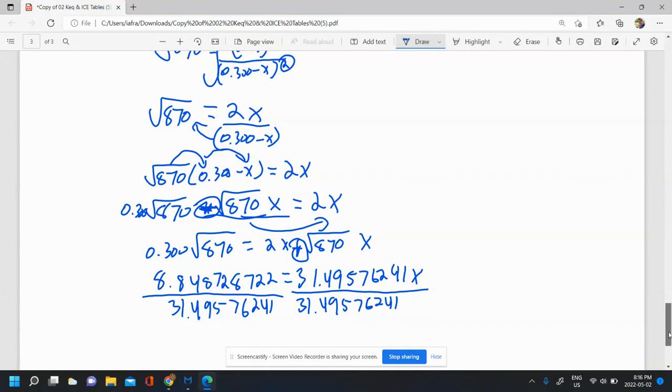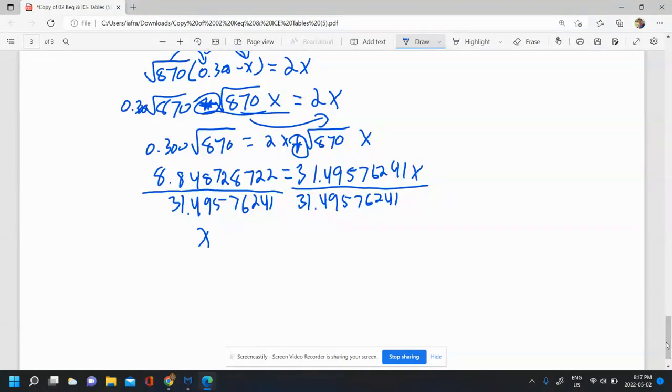And so I get x is equal to 8.84872.8722 divided by that 31, 0.280949818. This is the x value.